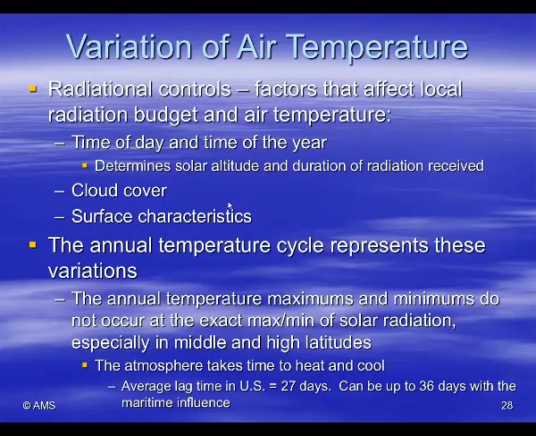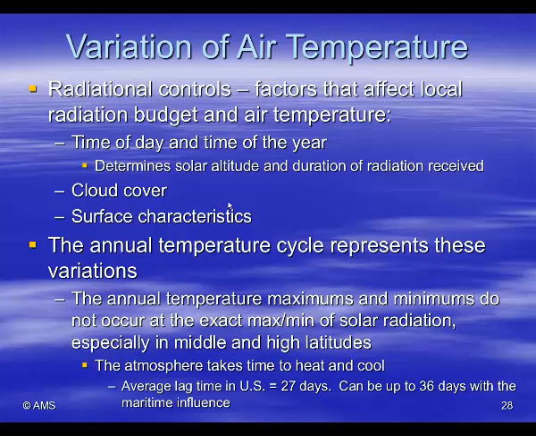We also have radiational control, so the variation of air temperature is controlled by radiational cooling or heating, and the factors that affect local radiation budgets and air temperature. Those factors are the time of day and the time of year. Of course, we're absorbing more radiation during noontime and less during sunrise and sunset.